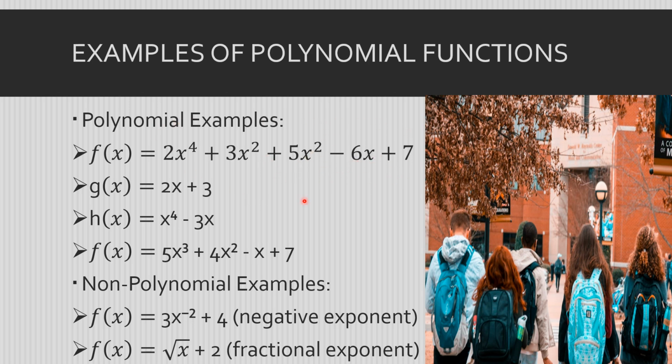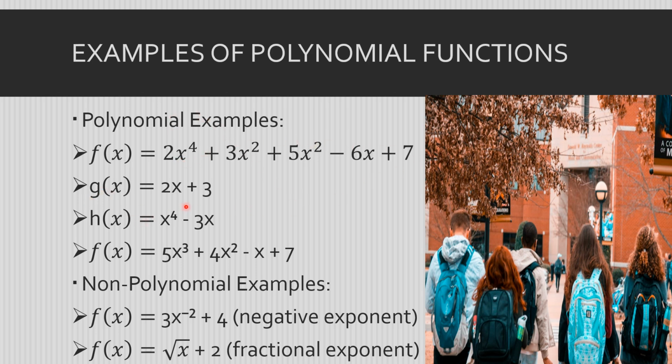When you look at this example, you will realize that x, the variable, is raised to positive integer powers, and all the indices are positive integers, not a fraction or any other number. What are integers? Integers are positive and negative whole numbers, but here we are talking about the positive whole numbers.